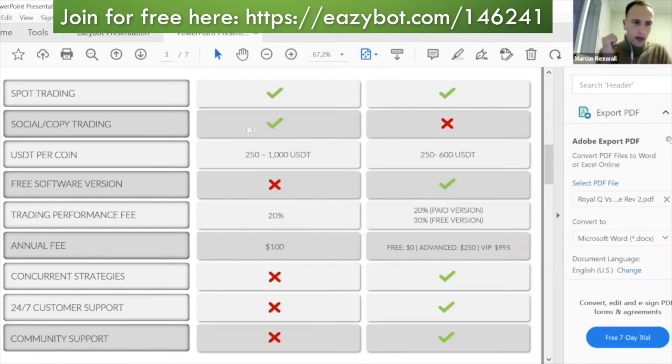So it's possible to inflate the percentages that you have earned in order to get more users to connect to you. So with Eazybot, you have a master strategy made by Mohammed, the founder of the company, that everyone connects to, unless you're an experienced trader, and then you can set your own strategy.